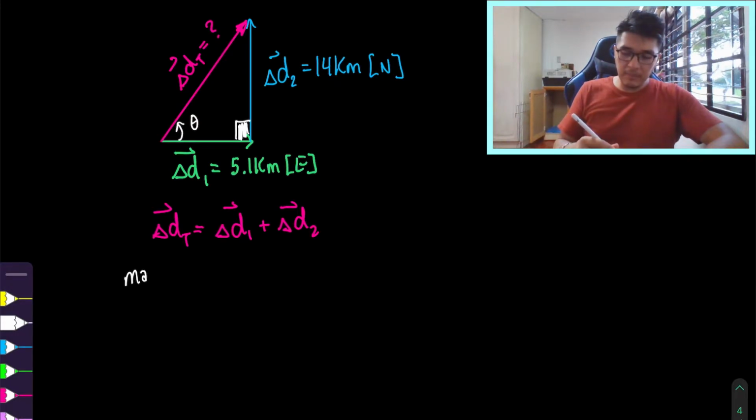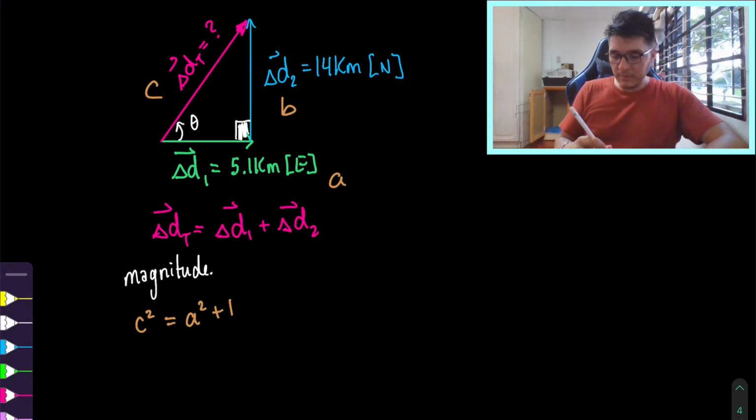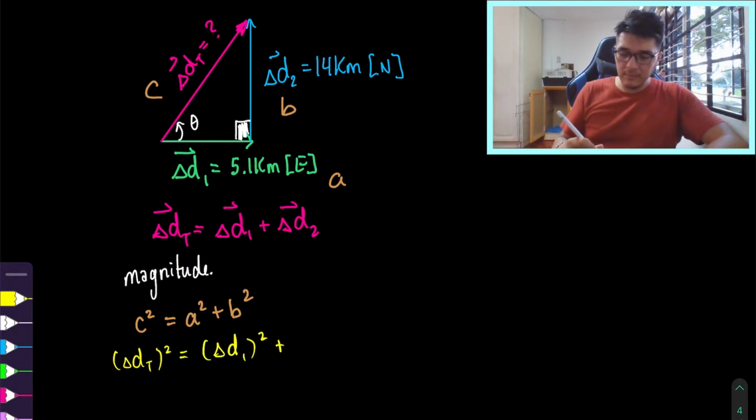So let's find the magnitude. To find the magnitude, we're going to use Pythagoras, c, a, b. c squared equals a squared plus b squared. Delta dt squared equals delta d1 squared plus delta d2 squared.